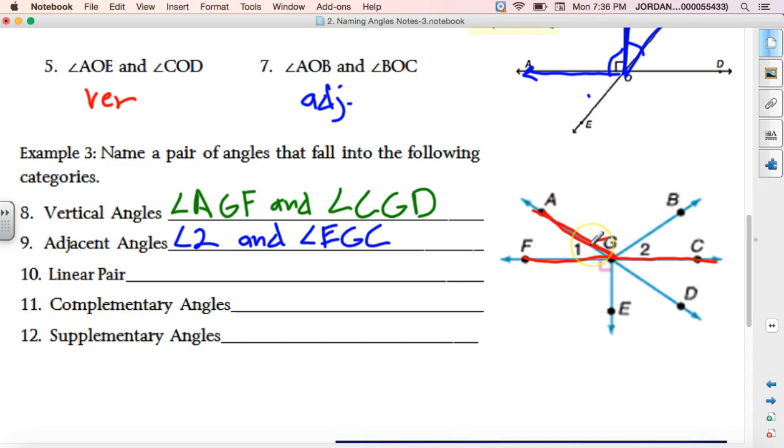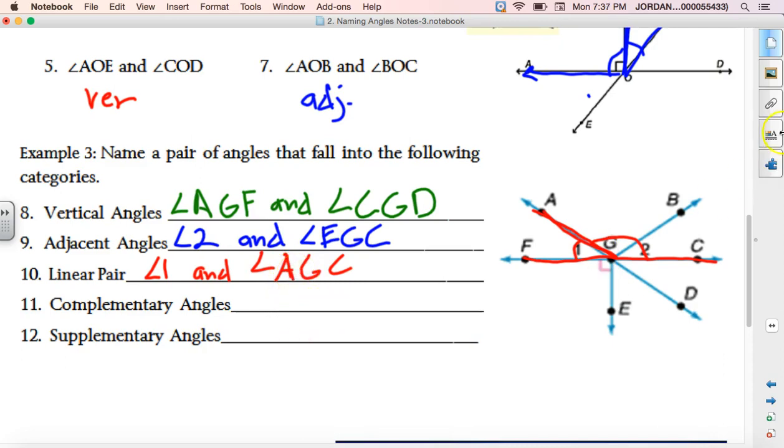Those two angles, this big angle and this small angle, combine to form a straight line all the way from F to C. So those would be an example of a linear pair. We can say angle 1, because this is angle 1, or we could say FGA, either way. Angle 1 and angle AGC. G's got to be in the middle because it's where the two sides meet. That's an example of a linear pair.